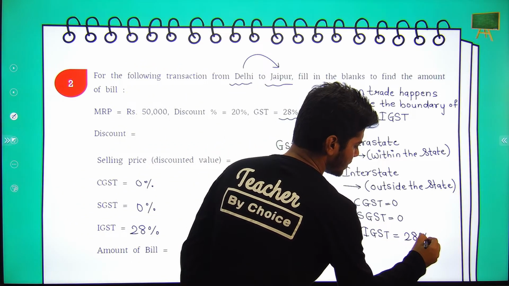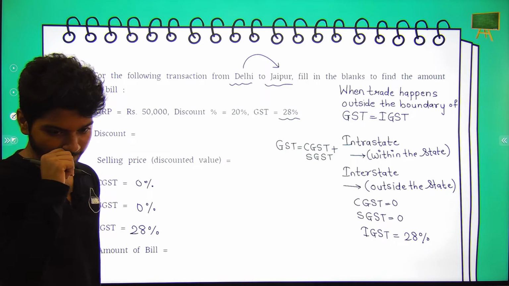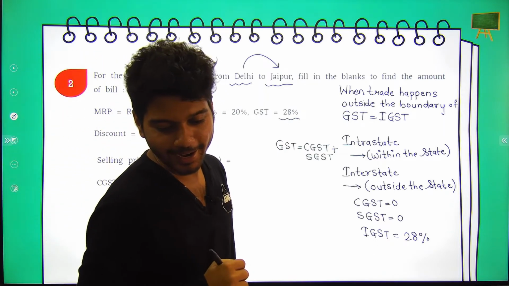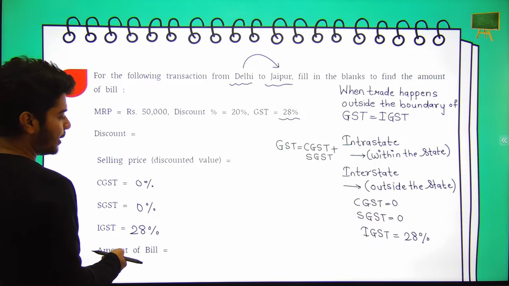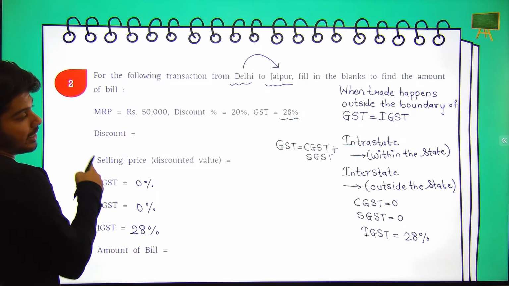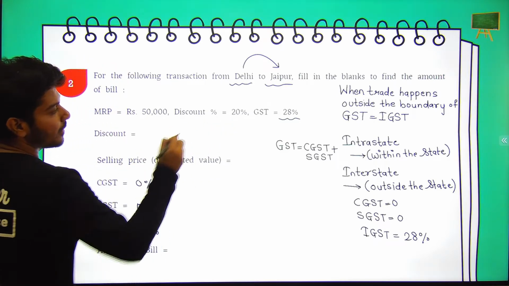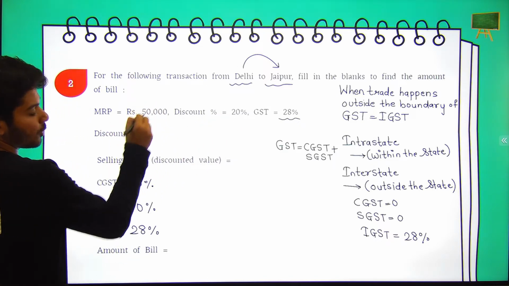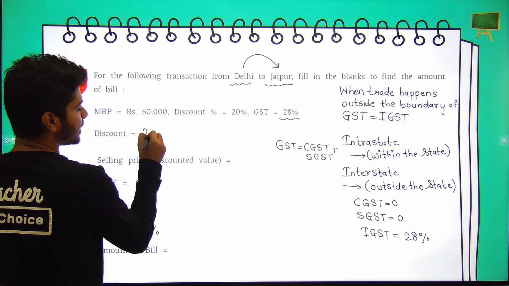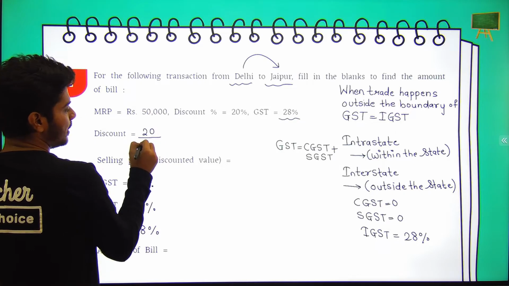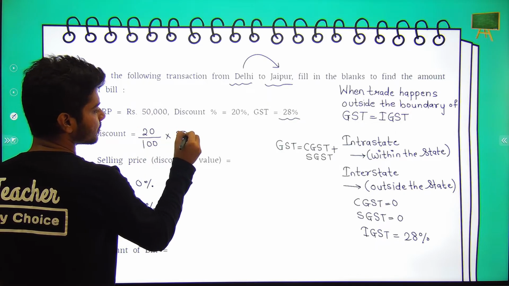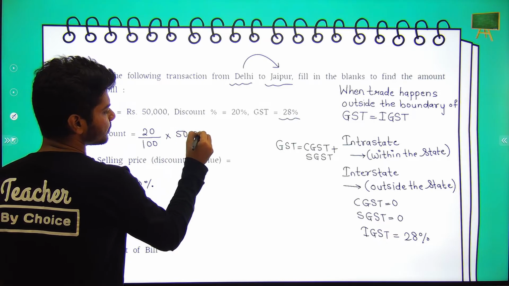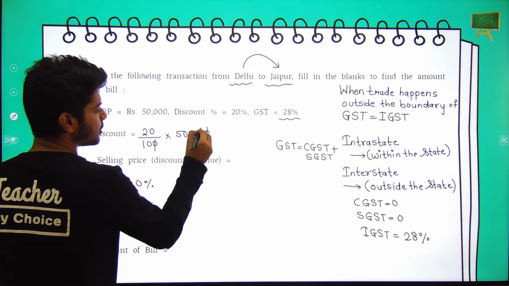Now this sum is very simple. I hope you are active and properly listening to my words. Now we are going to calculate the discount first. We'll subtract the discount and then we'll move ahead. 20% is the discount offered on this price. So 20% will be subtracted from this. Let's calculate 20% of 50,000. 0 cut, 0 cut.